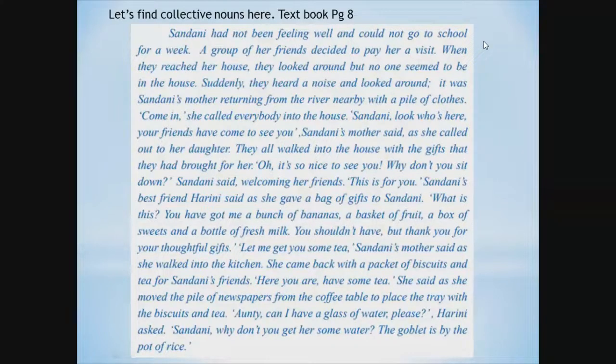Group of her friends. Group of her friends. Ah, very good. ඔය තියෙන්නේ. ඉන්න අපි හොයමු බලන්න. Another one. තව එකක්. Box of sweets. A bunch of bananas. Group of friends.